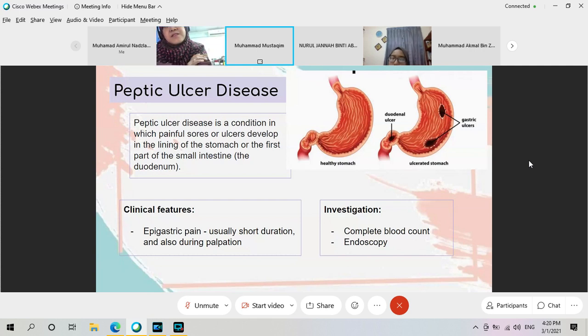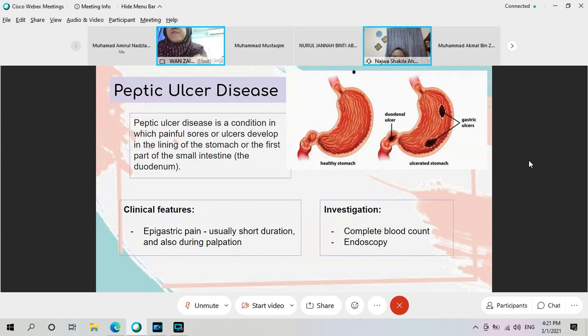Saya tak jelas pasal yang liver tadi. Apa maksud dia? They will secrete like bile, salt and so on in order to digest more food, macam contohnya fatty food. They release bile salt. So this is when you learn long time ago, you learn about digestion, kan?